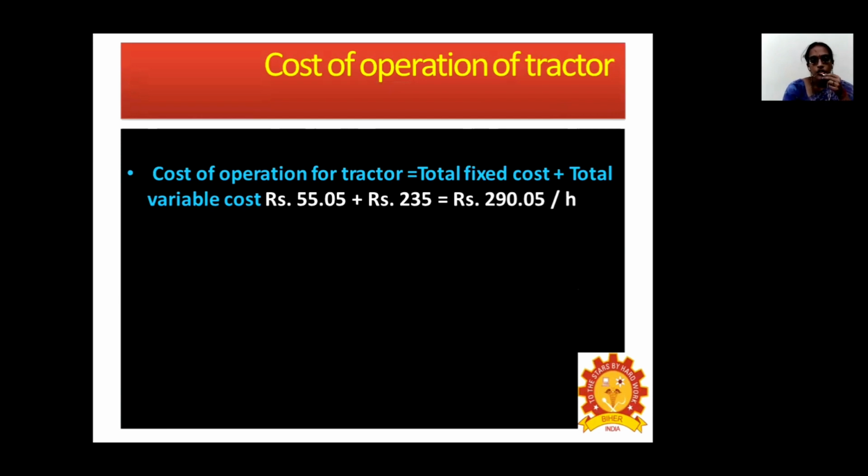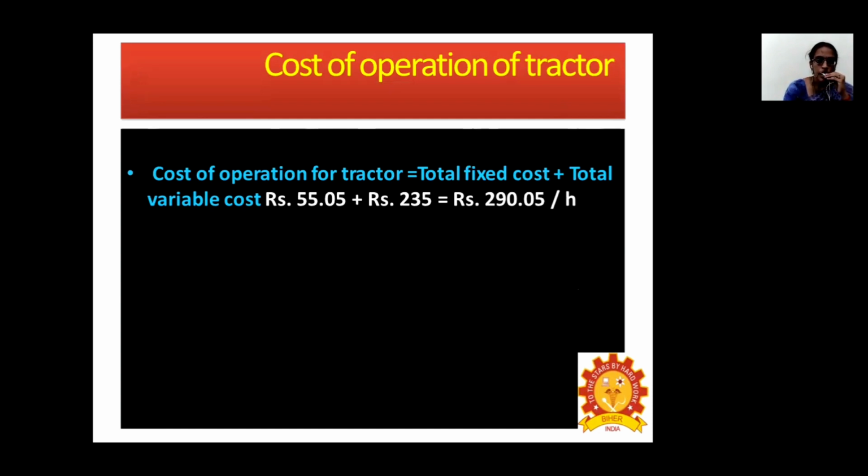Total fixed cost is around 55 rupees per hour, and total variable cost is around 235 rupees per hour. Then the total cost of operation of a tractor sums up to around 290.05 rupees per hour.